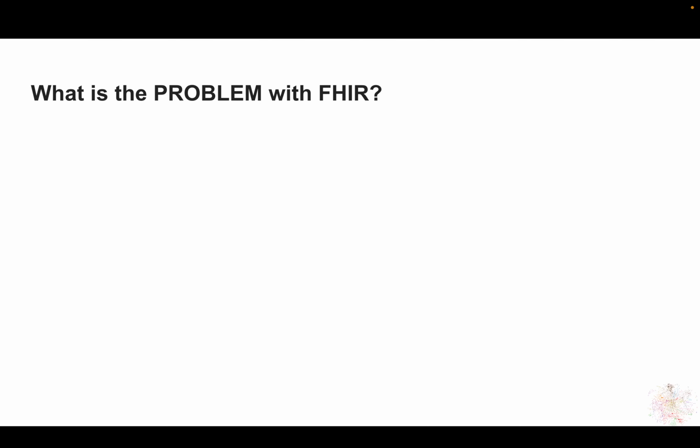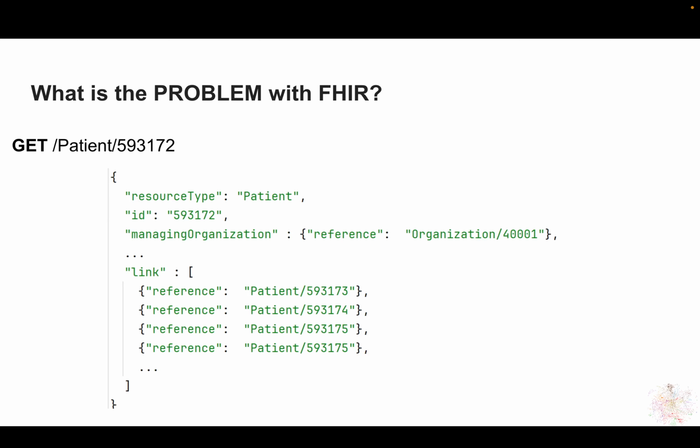But what is the problem with FHIR? Let's imagine the case where we have a patient and we know its ID, and we want to retrieve information about this patient. What are we going to do? Probably we will just call the GET endpoint and retrieve the information about the patient resource. Nice, we retrieved the JSON about the patient.